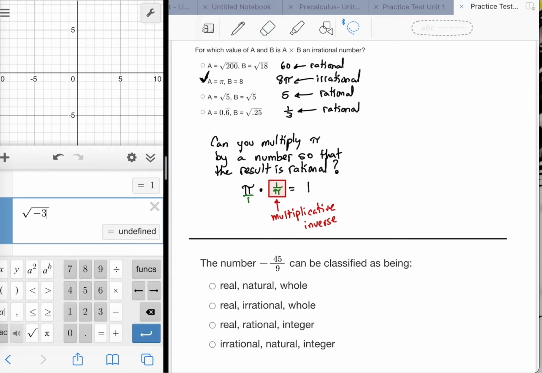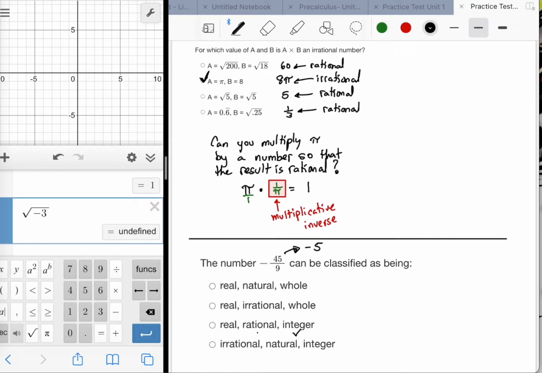The only sets that involve negatives would be integers and rational numbers. So negative 45 divided by 9 happens to be an integer, because 45 over 9 is a whole number, 5, so tack on a negative here.